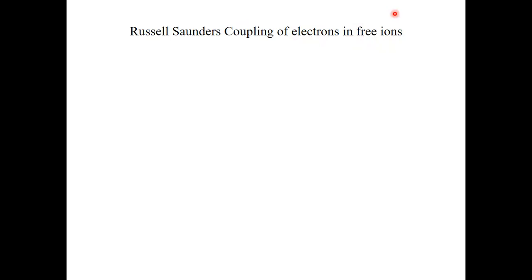We shall assume here that our ion is not yet coordinated by a ligand, in that we are only looking at an isolated metal ion. Russell-Saunders coupling means the interaction of the angular momentum of the electrons.